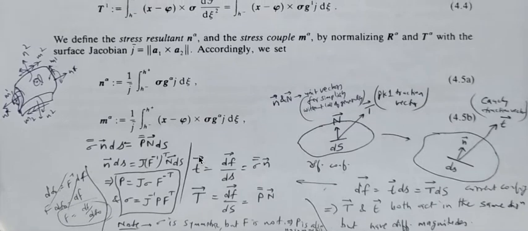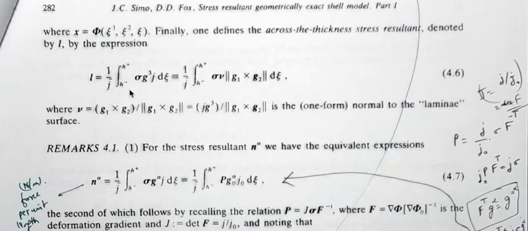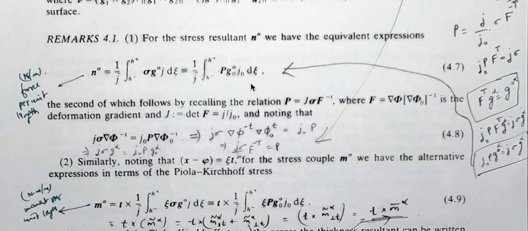And if somebody wants to refresh the basics of Piola-Kirchhoff and Cauchy stress, I have written some important relationships over here, drawn something in the picture also. So I hope this would be helpful. So we'll move ahead and will not discuss anything much over here, and we'll look at the expression of the across the thickness stress resultant, which is also coming over here in a similar way.